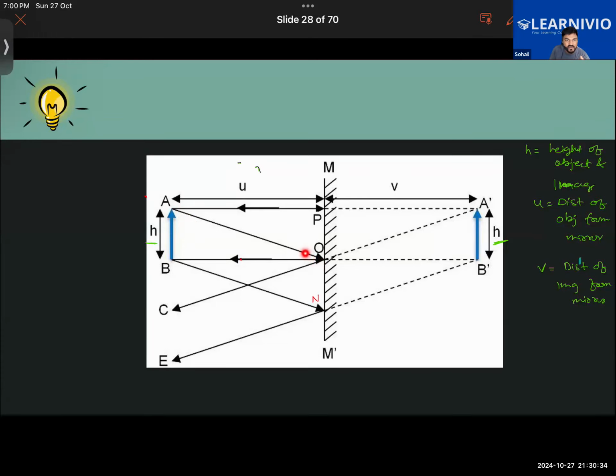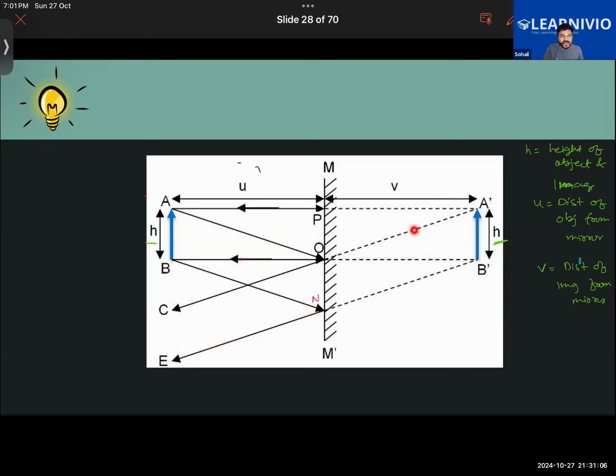That is the incident ray AO, and it got reflected back as OC. Then this is incident ray BO, and incident ray BO is falling at what angle? 90. So it will get reflected back at the same angle, isn't it, Abdullah and Chakrika? Right. And as for the ray BN, it is falling here and it will also get reflected back like this. That is the case so far.